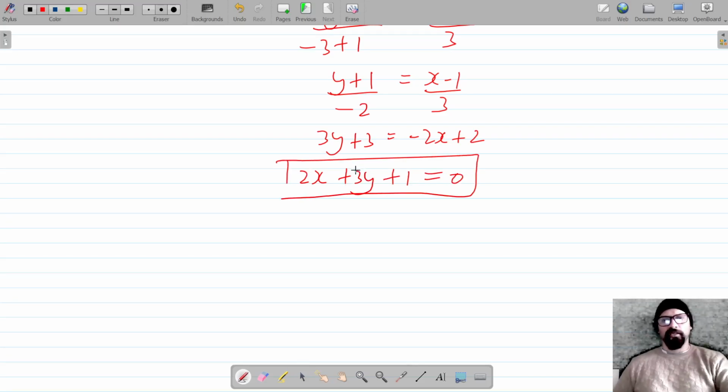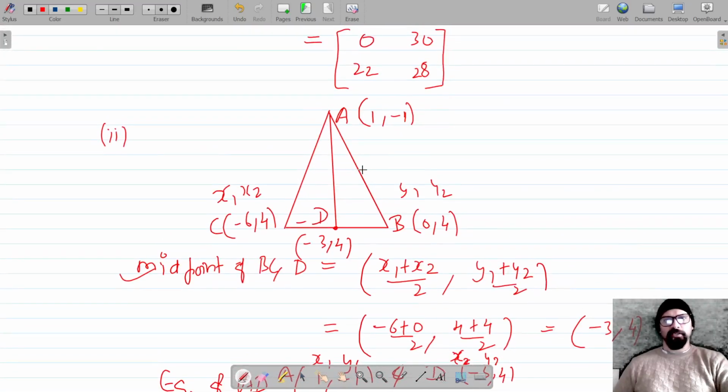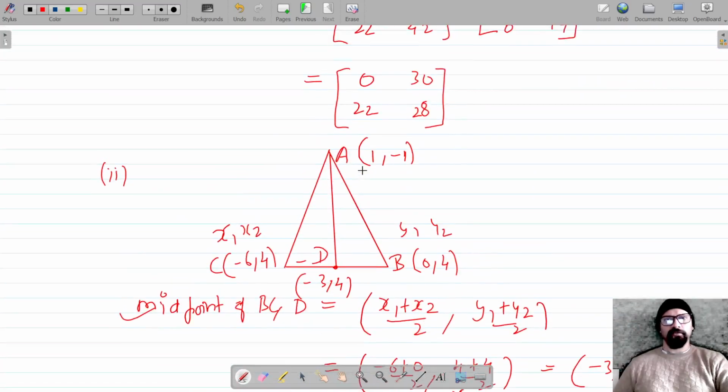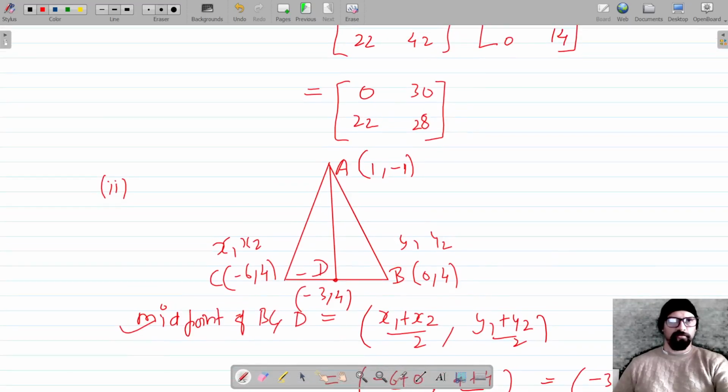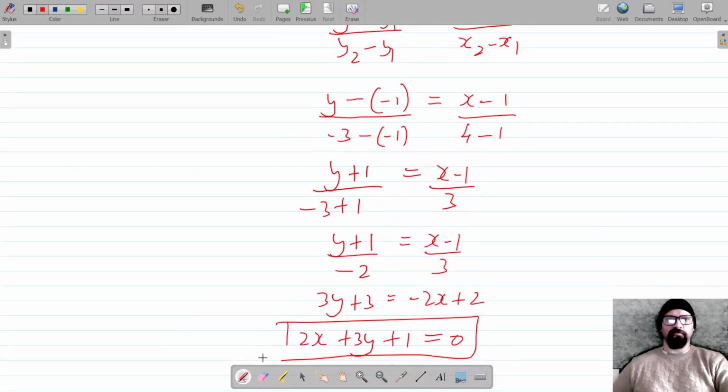I think there is something wrong. Okay, actually y2 is 4. So we have got it completely wrong.